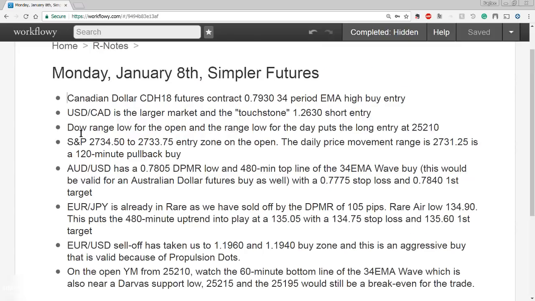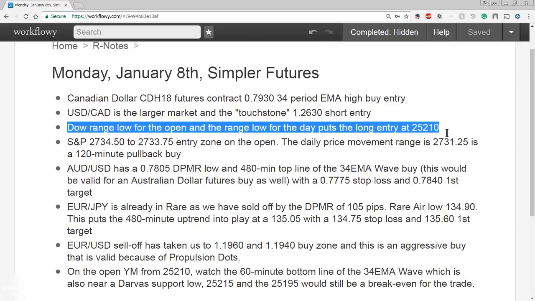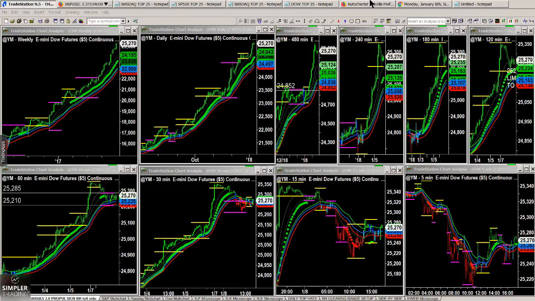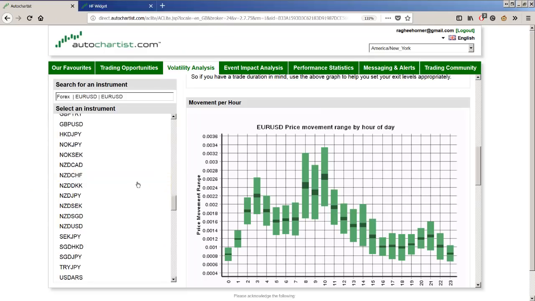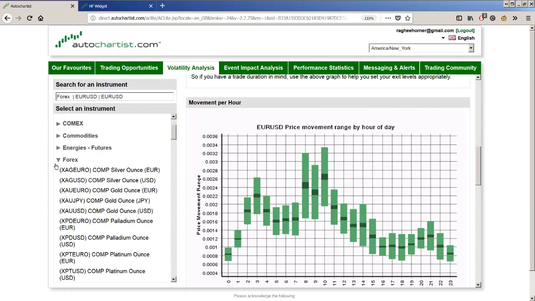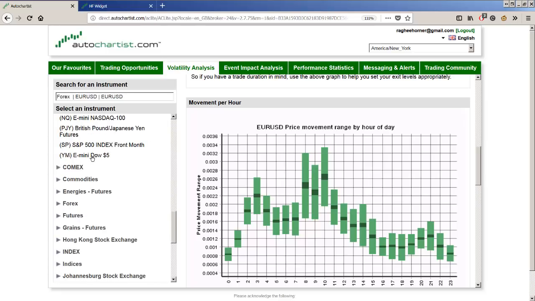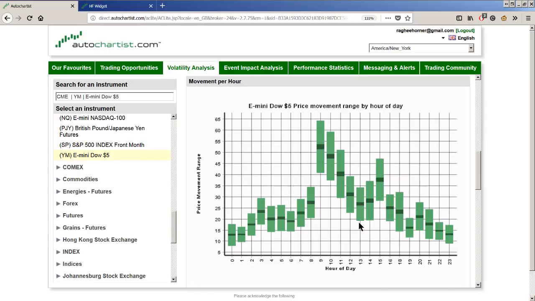But the setup that we did this morning was this one right there, 25,210. And it nailed the low of the day. Now, that's not magic. It just happens to be a little bit of good placement around a major psychological level, plus crunching the price movement ranges that we can use day in and day out from the Auto Chartist platform, which I teach you how to use and get free. And it's really a major part.